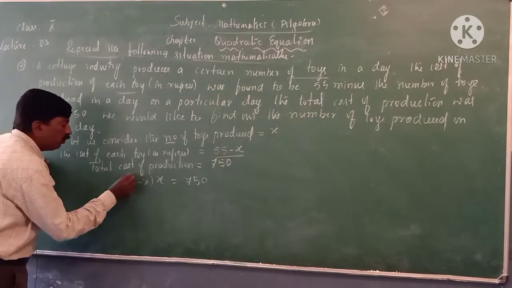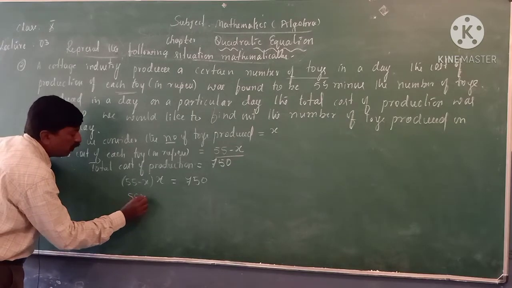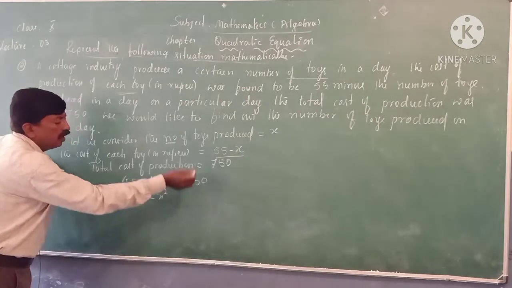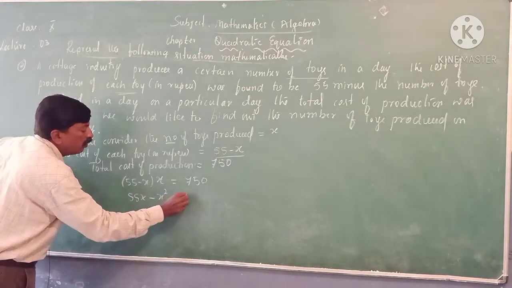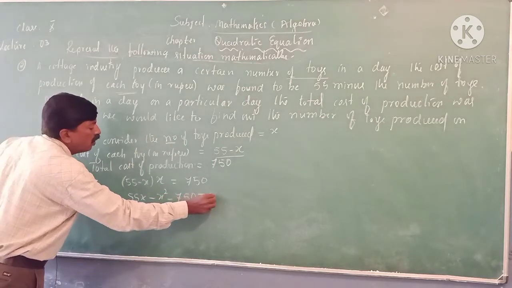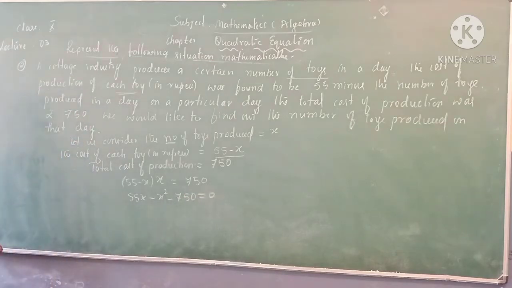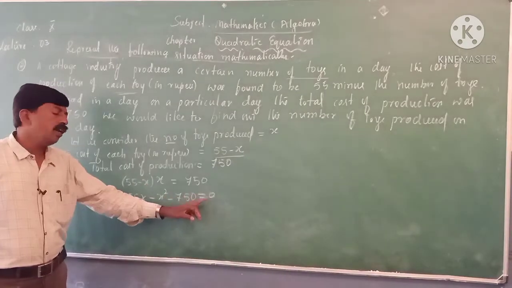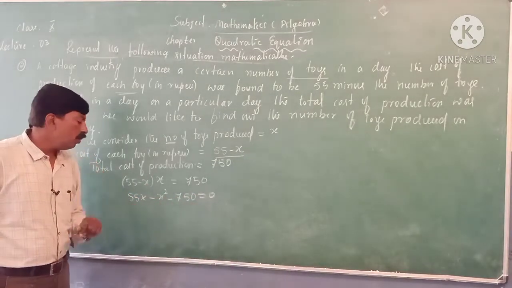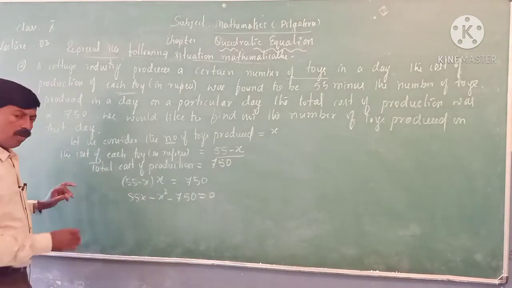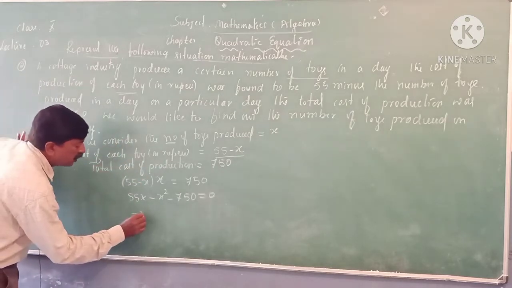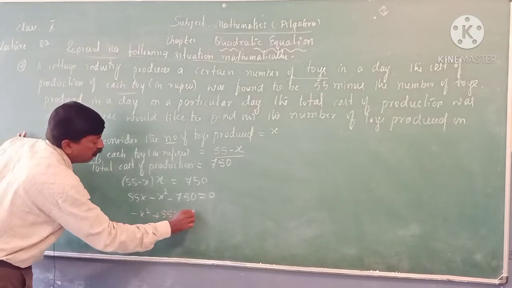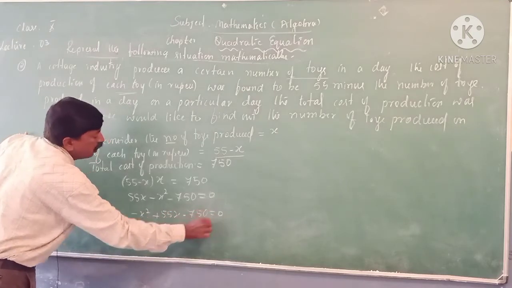Now x into 55 is 55x, and minus x into x is minus x square, and 750 will become minus 750 is equal to 0. Now we have transposed 750 to the LHS, so it becomes minus. On the RHS nothing is there, so it is 0. Now write it in order: minus x square plus 55x minus 750 is equal to 0.